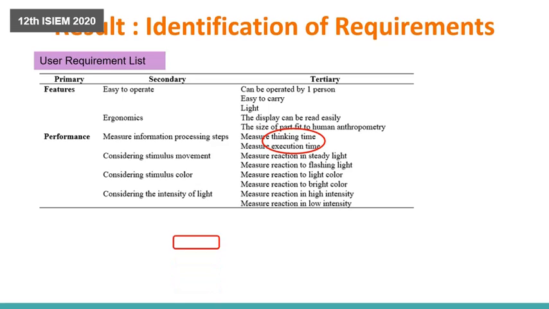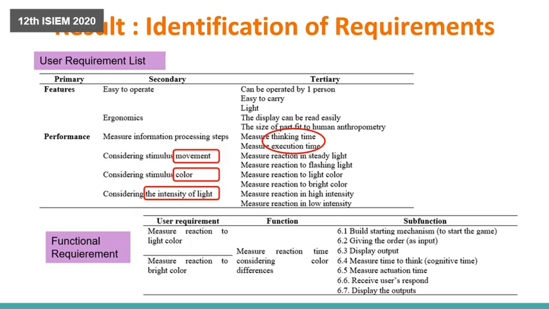And the other thing, we want to consider the movement of the stimulus, the color, and the light intensity of the stimulus. And then after making a user requirement list, we make a functional requirement. The functional requirement describes a function and sub-function that should be done by the device.